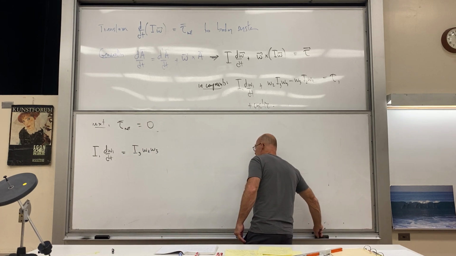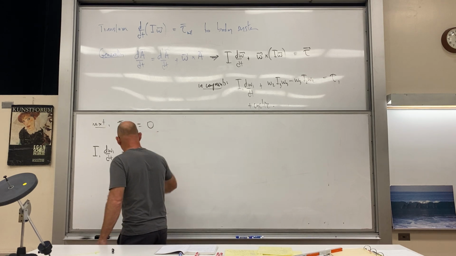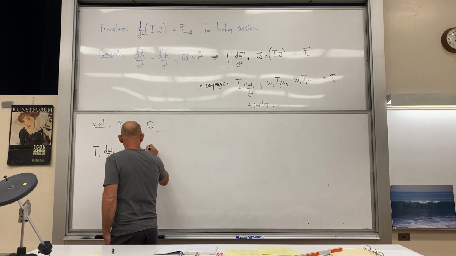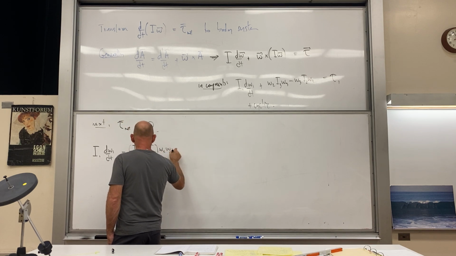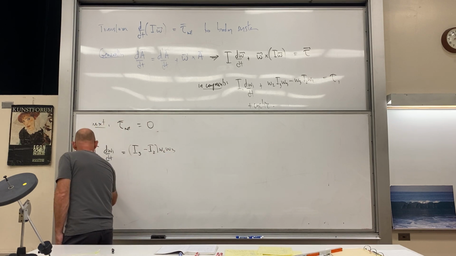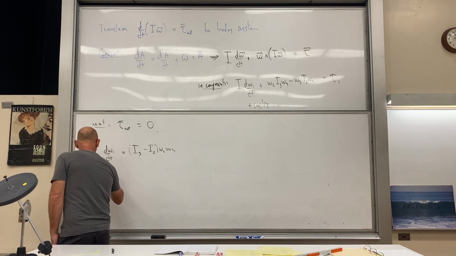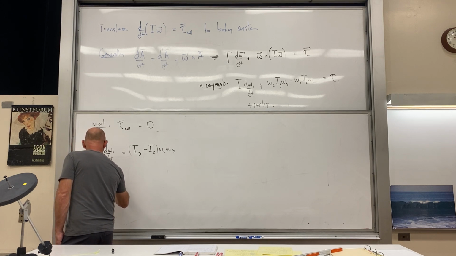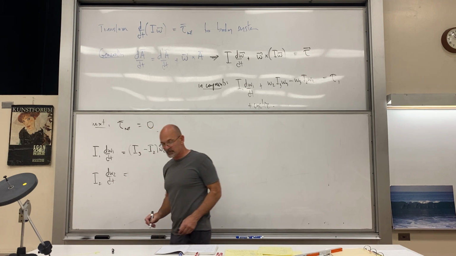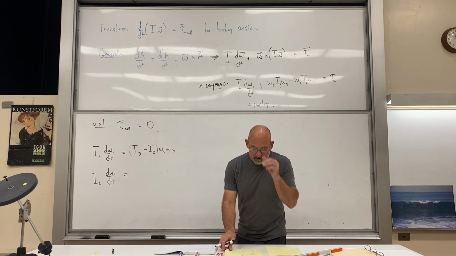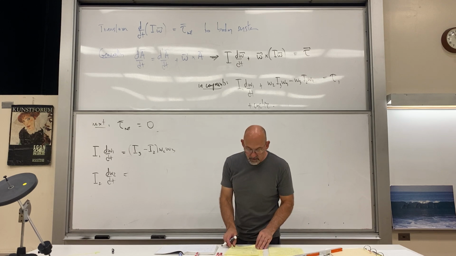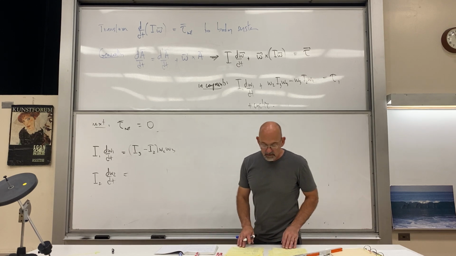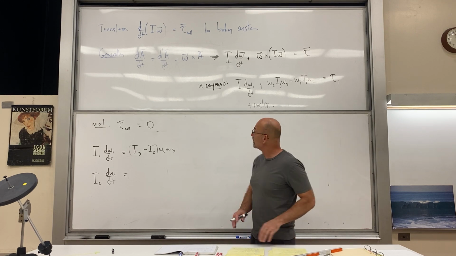Good. So let's go ahead and fix it up. Minus I2 omega 2 omega 3, and you just go through cyclically. Do I have them on this side? Oh, I'm not in agreement.